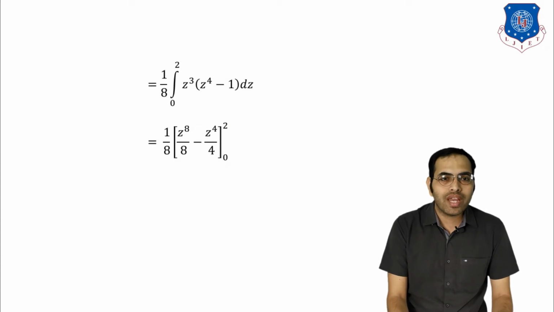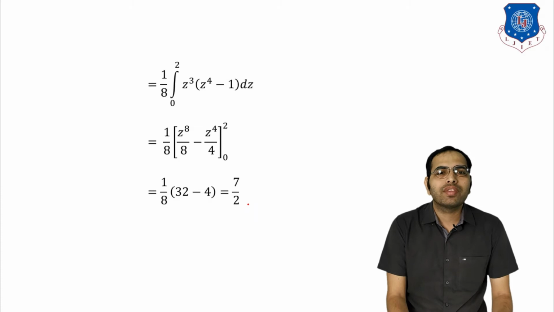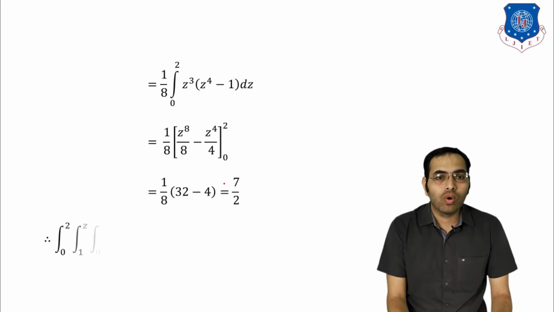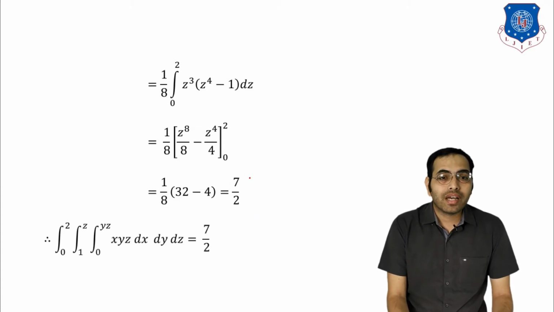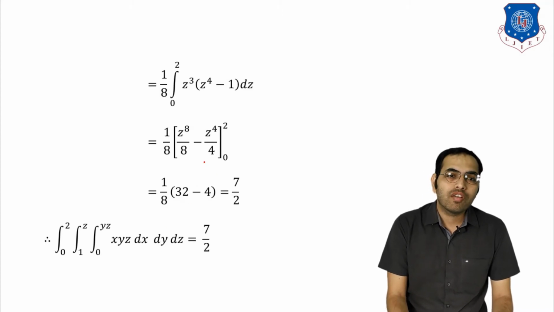Then 2 raised to 8 by 8 minus 2 raised to 4 by 4 minus 0, and simplifying that term gives you 1 by 8 times 32 minus 4, which simplifies to 7 by 2. That is the answer of the triple integral, or the volume of the given function.